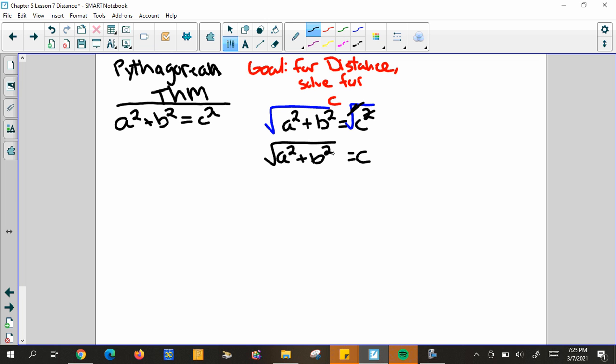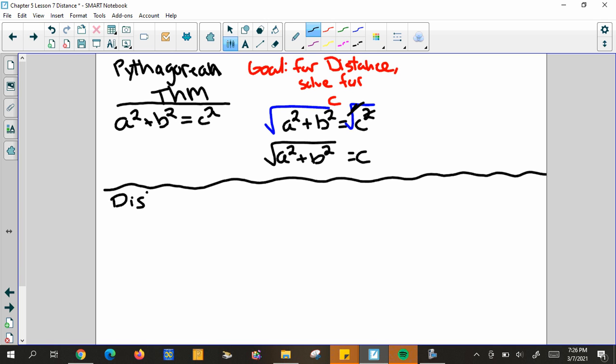This is still the Pythagorean theorem. The only thing that's different is I have put the C by itself. All I would still need to do is put A and B into the equation, and it would solve for C. This is a way of writing what is called the distance formula.